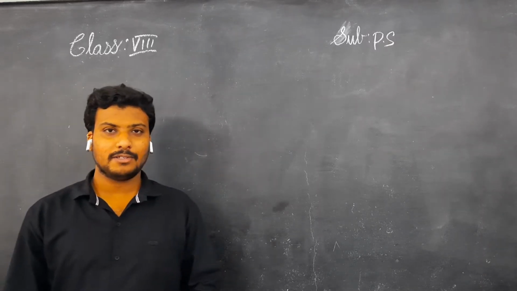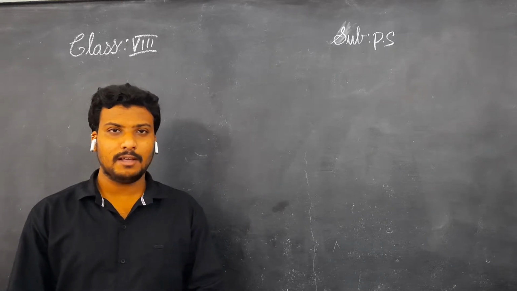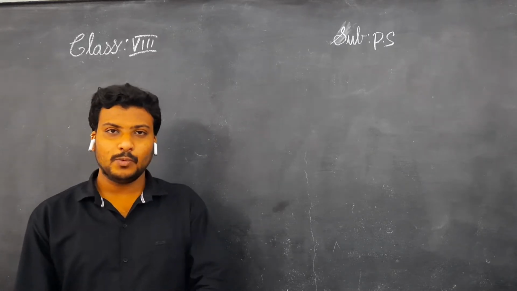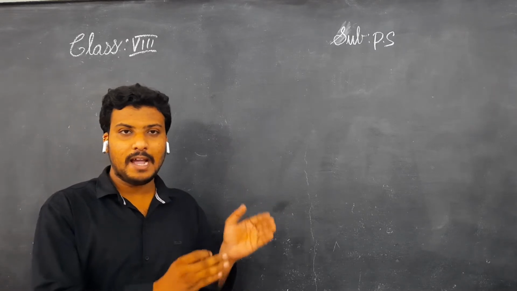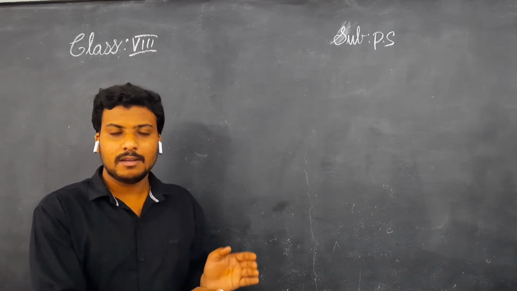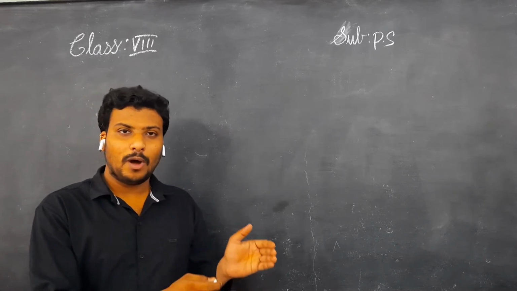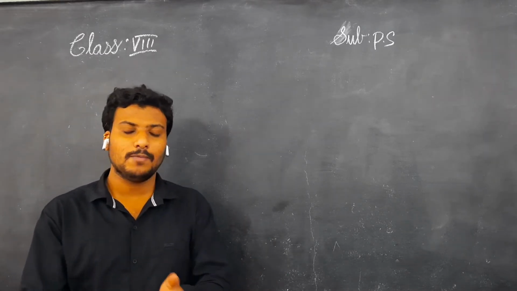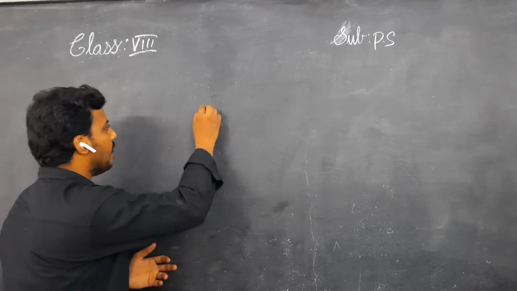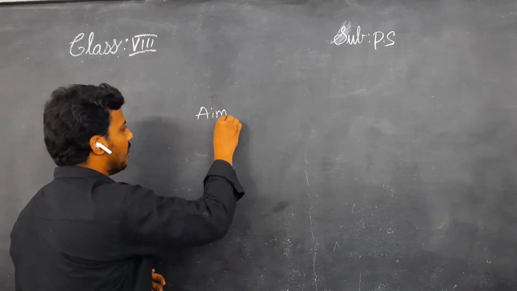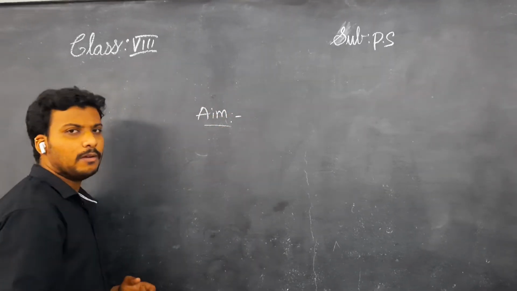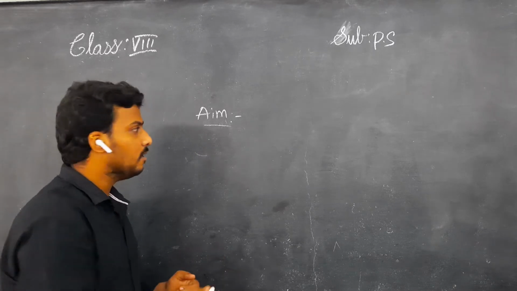In this class, we are going to continue the lab activity which we discussed, the aim and materials part, in the previous class, children. Once again we recall them. What we said, children? We said that aim. In the lab activity, what are we aiming?